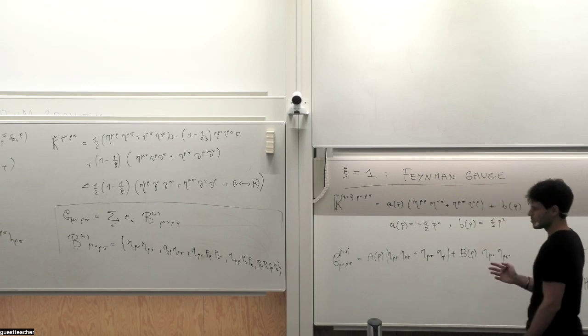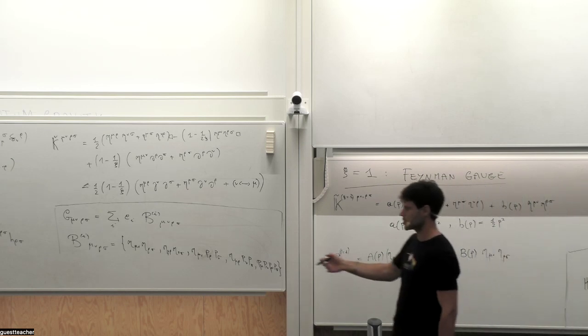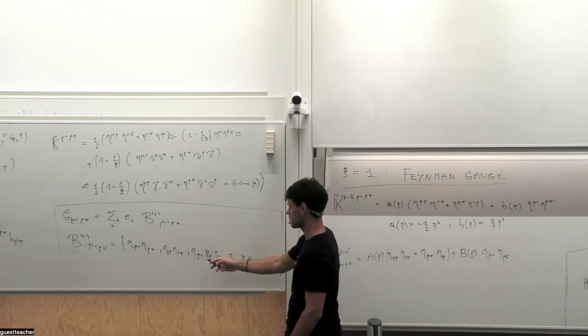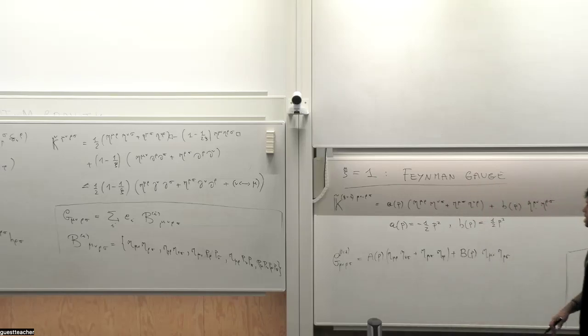Okay, so in principle, this may not be a good ansatz because you plug it in and maybe it will generate terms which are not contained in this eta, but will be of this type. In general, that can happen, but in this case, it doesn't. Indeed, this type of equation is closed basically.